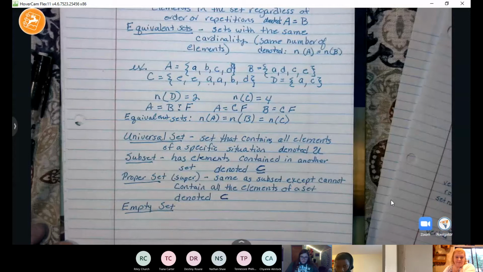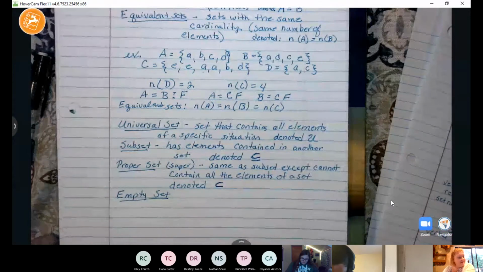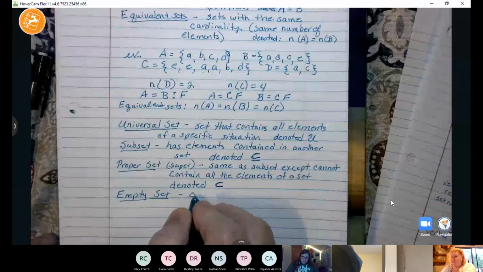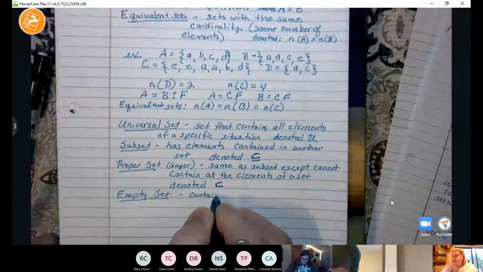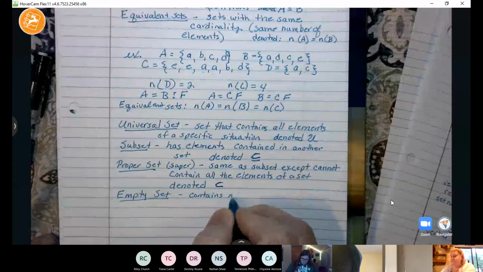Okay, then the empty set. And I know you've heard of the empty set before. That just means that it contains no elements.